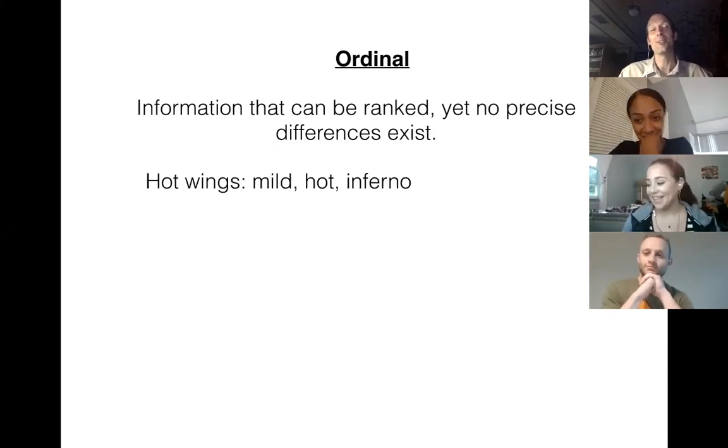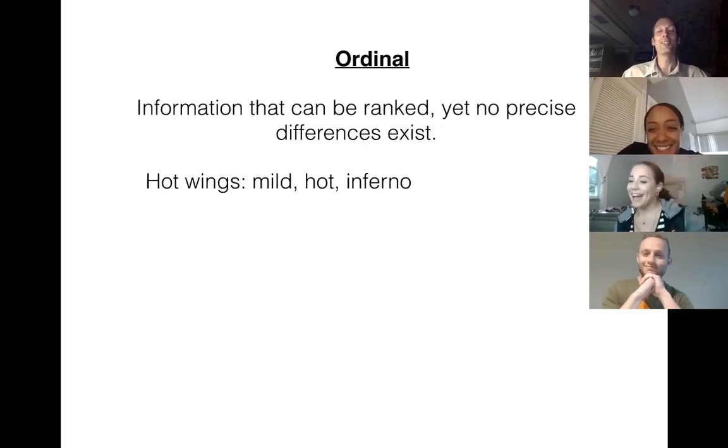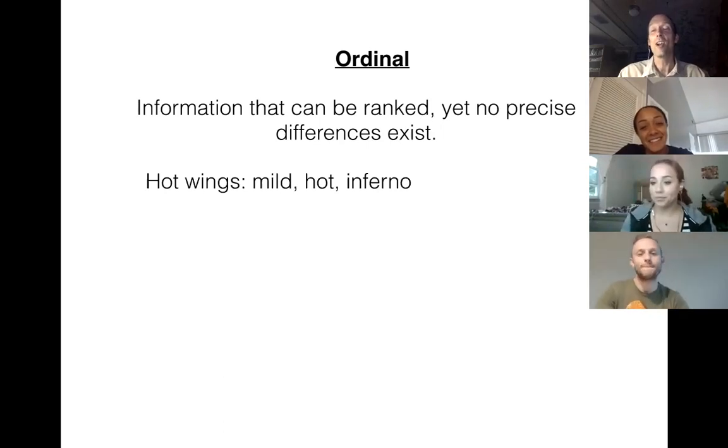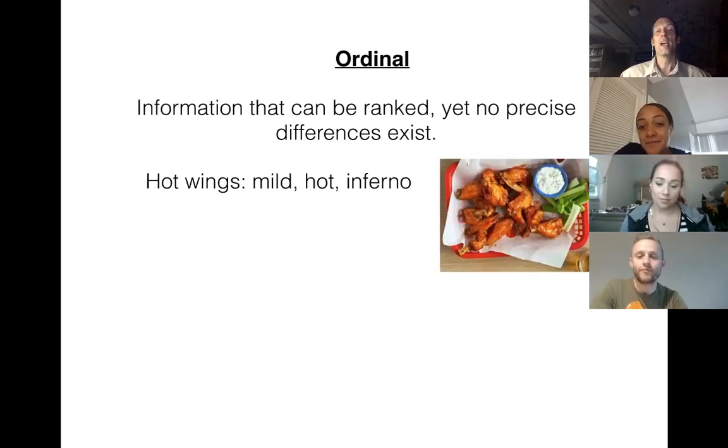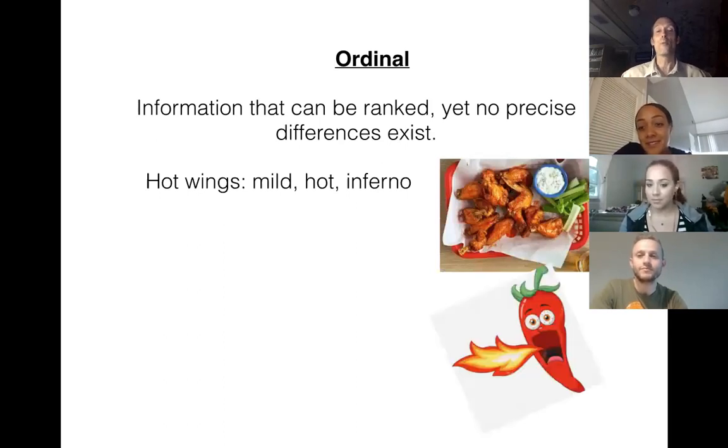So Isabel is sitting down there and she's getting her hot wings. What's the server going to say? How would you like your hot wings? Would you like mild, hot, or inferno? And Isabel says, I want the inferno wings. And somebody's sitting next to her with mild wings. Are Isabella's wings much hotter than the person that has mild wings?